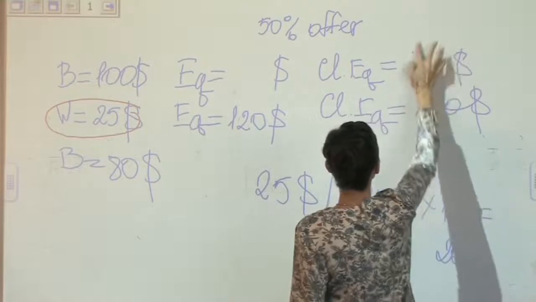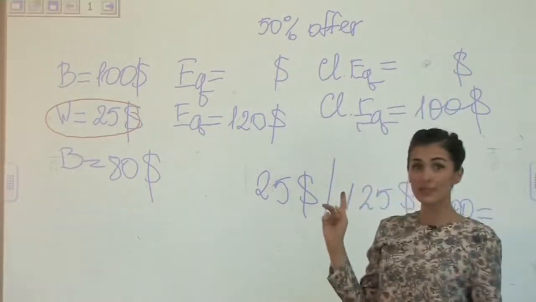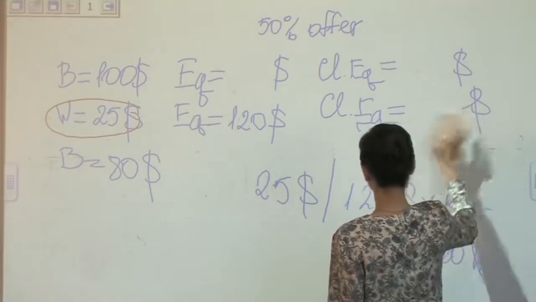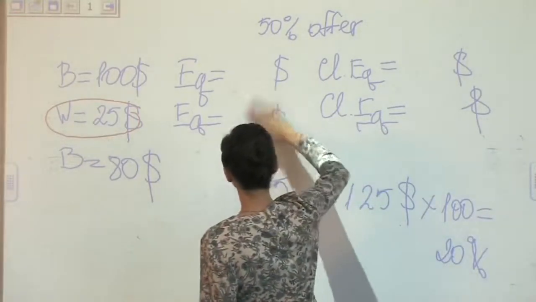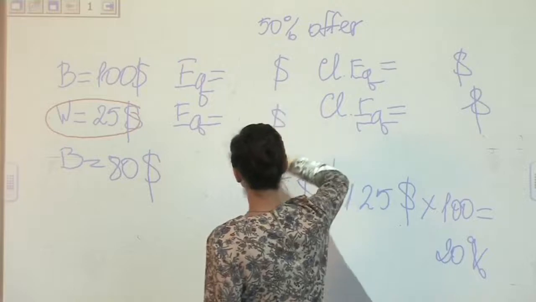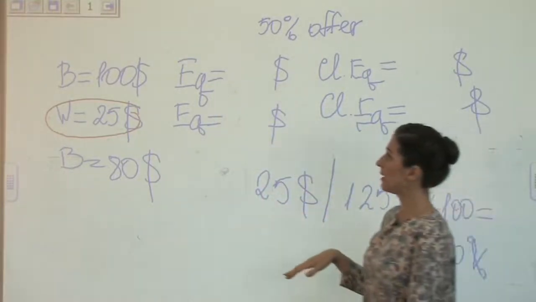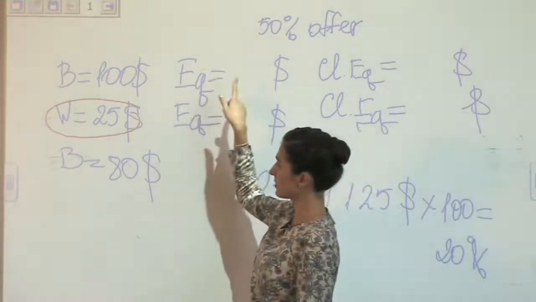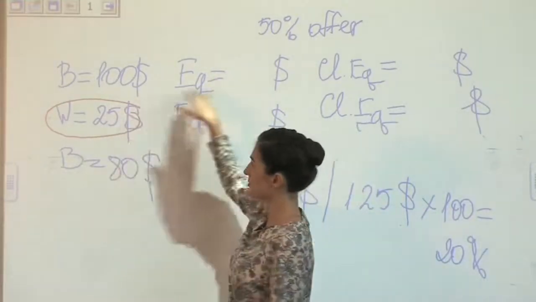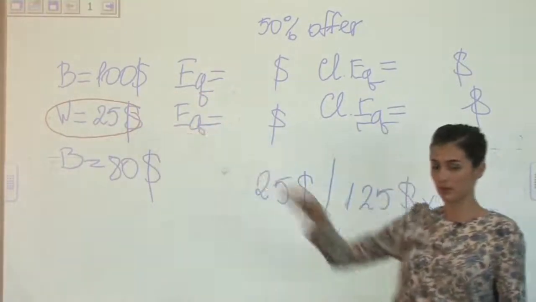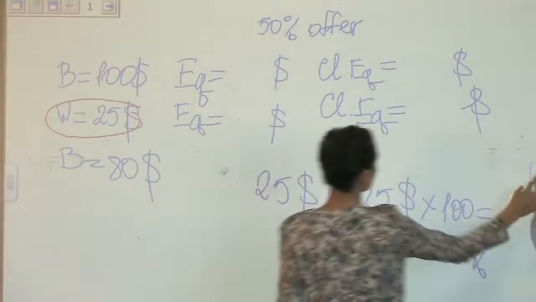So clean equity will be the same, $80. And the manager will not receive any remuneration till he receives the same amount as in the balance. Here it is $80.